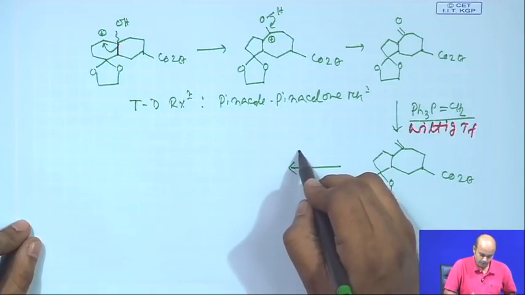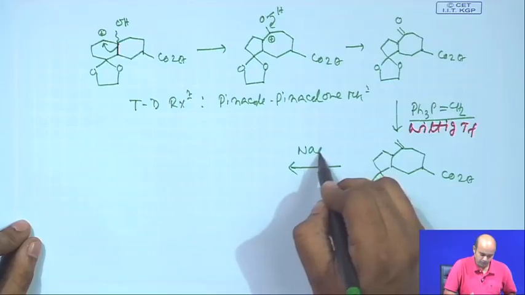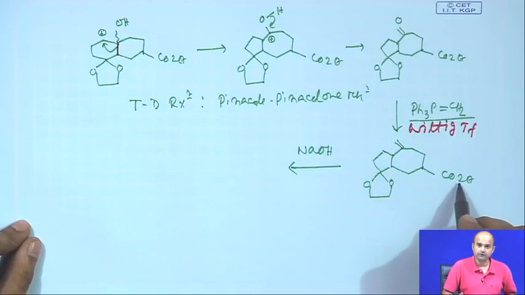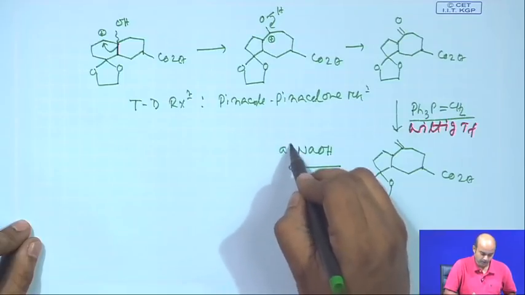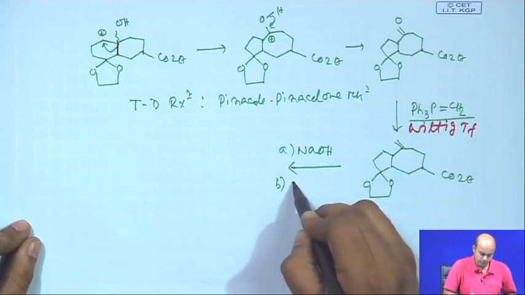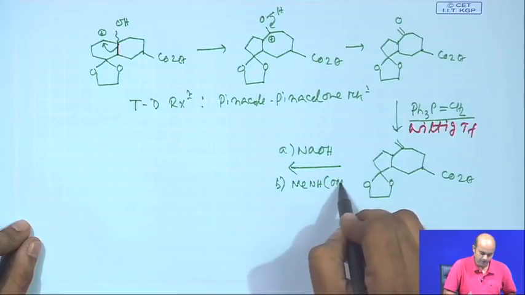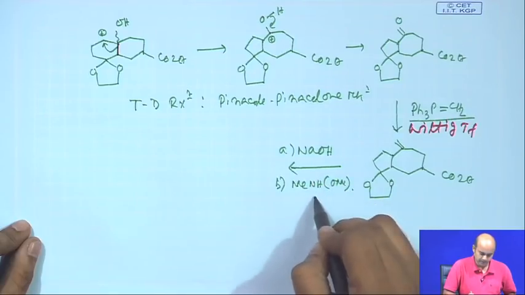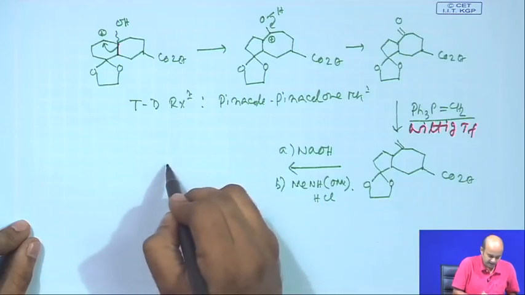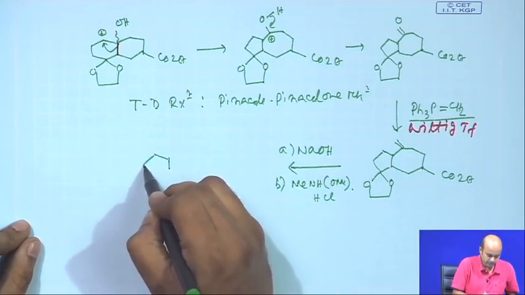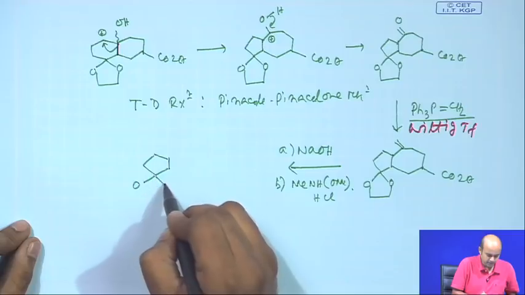So, what to do? You basically do a basic hydrolysis to convert this ester to its corresponding carboxylic acid, step 1. Step 2, you react it with Weinreb amine, MeNH OMe, available as HCl salt, and then you will basically convert it to the corresponding Weinreb amide.